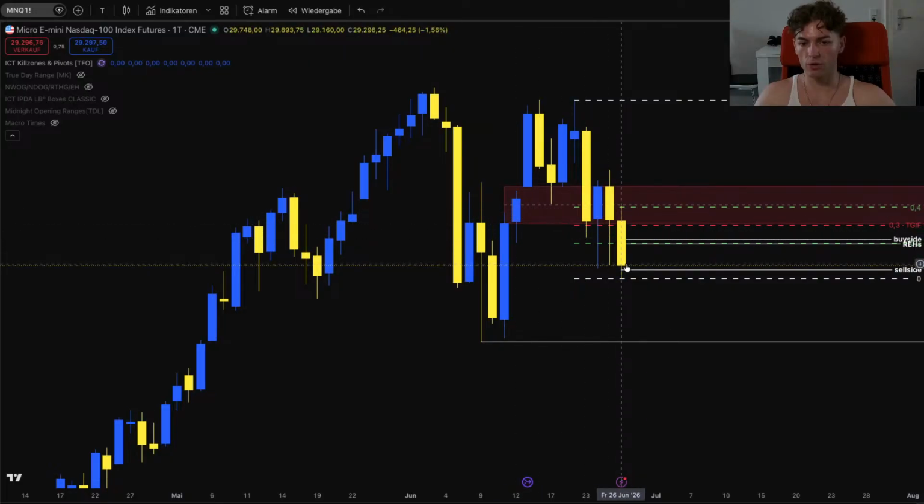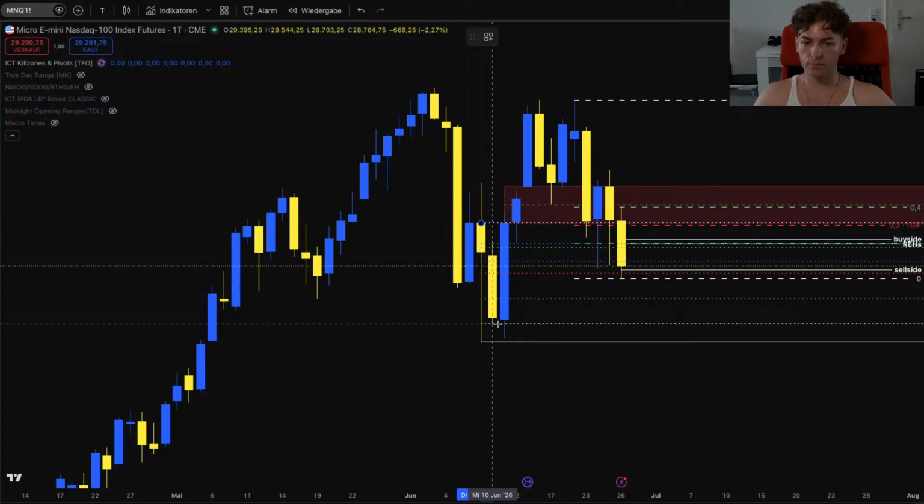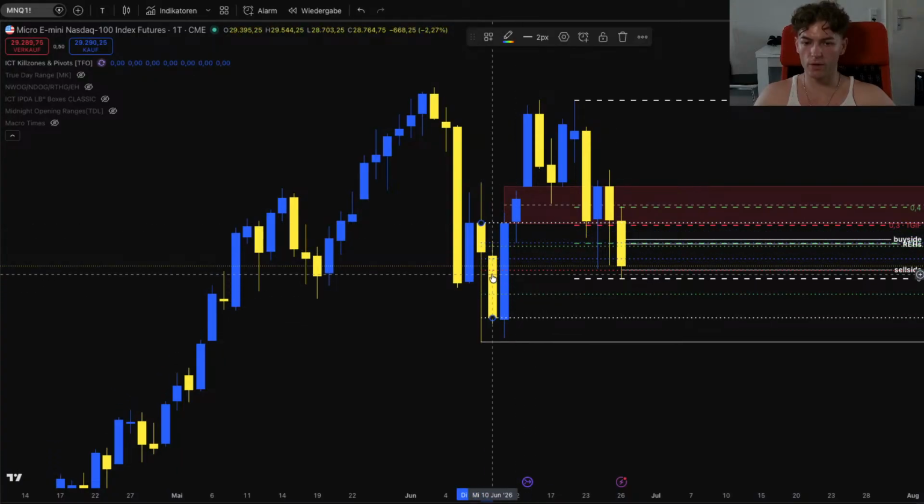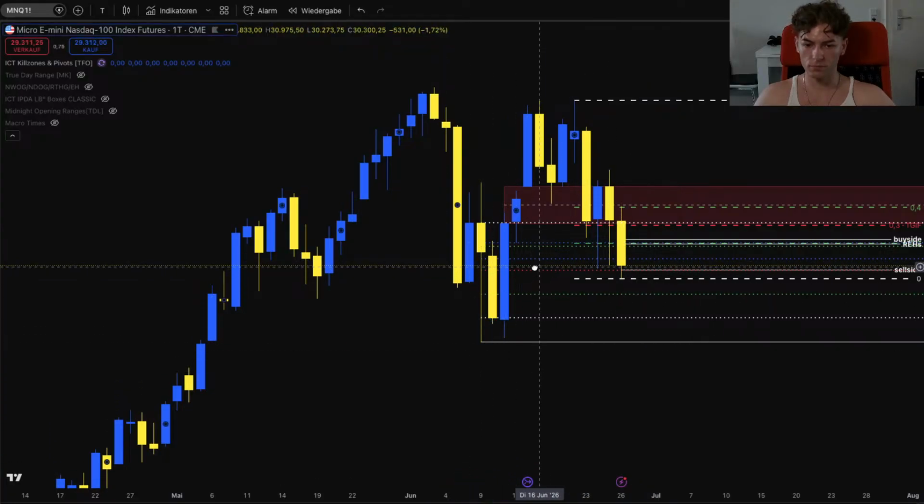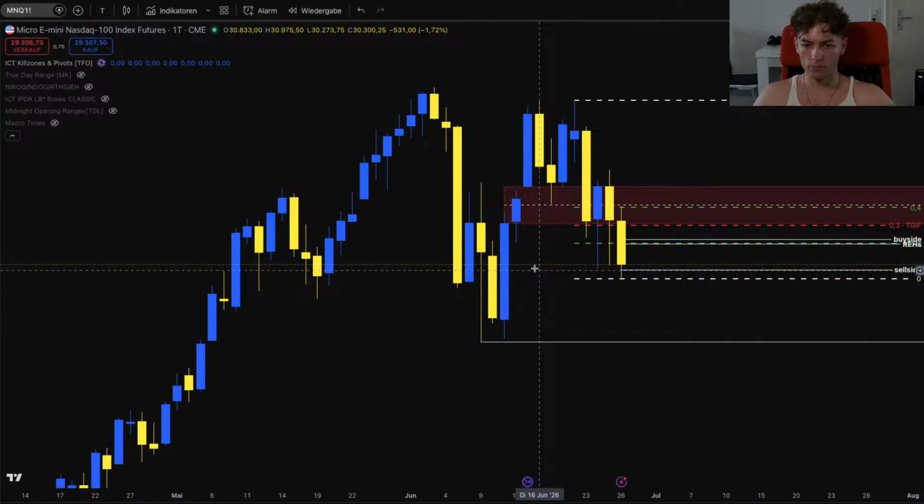So I want to see a closure below. And then what I was telling you guys, also be aware of this order block's mean threshold. That's also the last line in the sand. If we can get a closure below it, then we are probably going to take out these lows.